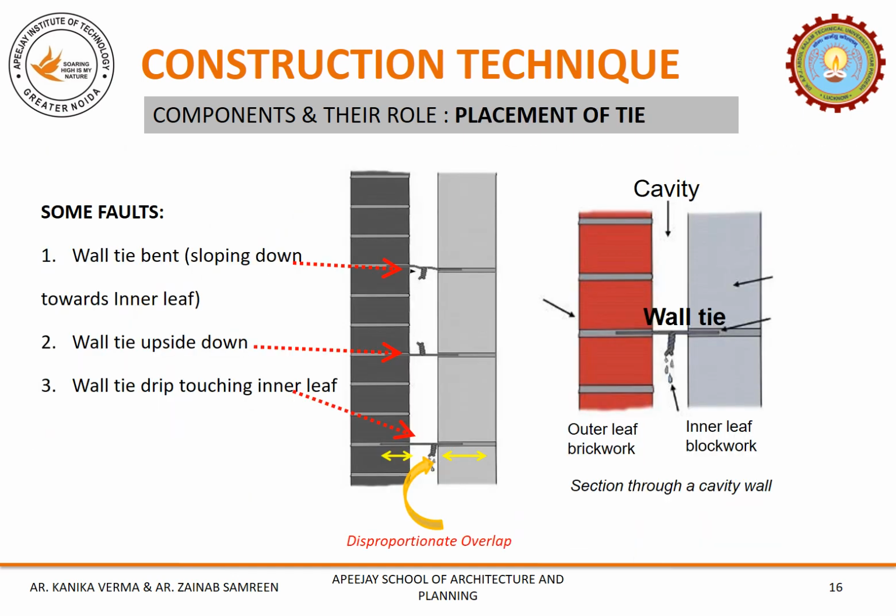There are some basic faults which have been observed in cavity wall construction related to the placement of tie, which should be avoided to have an efficient cavity wall construction. The first fault observed is about the placement, that it should be placed perfectly horizontal. It means that it should not make any angle with the wall.